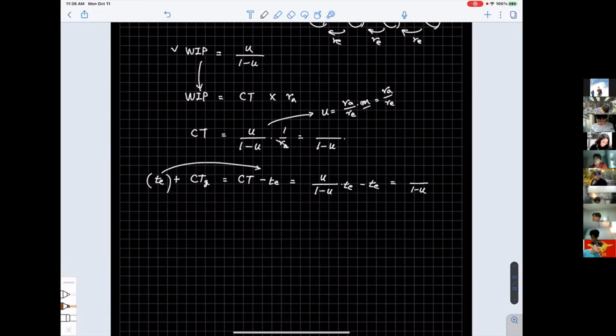So this is divided mutually and only R remains. So the reciprocal number of R is TE. Okay. And this became like this.